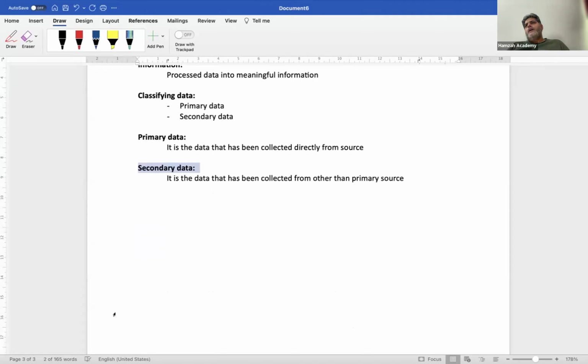For example, you're selling your product in the market and you want to do a survey, or you want information regarding what the customers think about your product. You send your representatives to the stores.